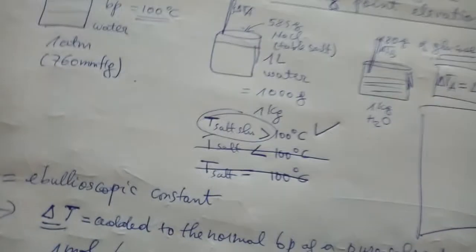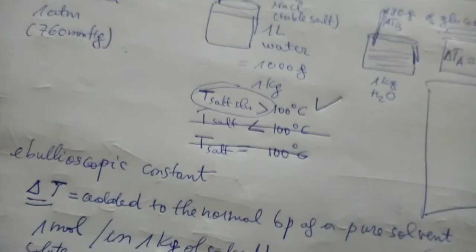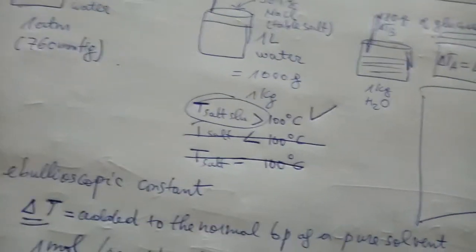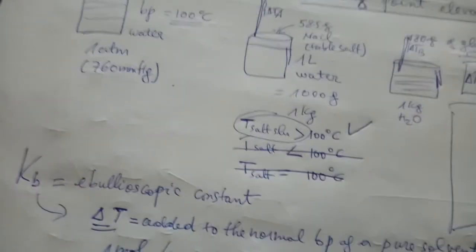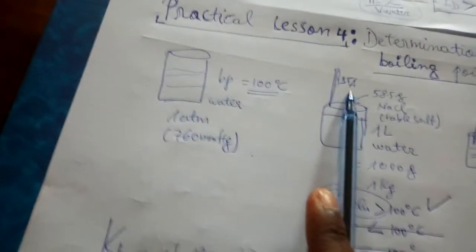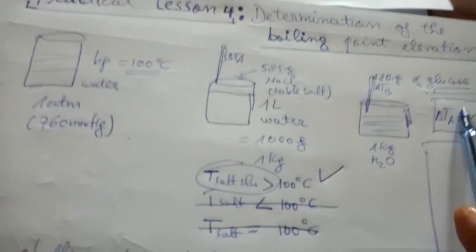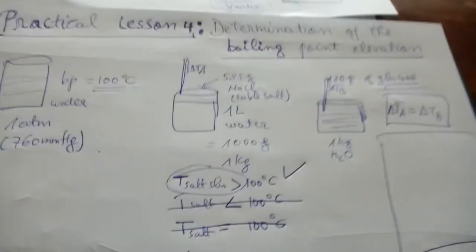If the amount of solvent is the same in kilograms, and the amounts are different in mass but the same in number of moles, the boiling point elevation will be the same. This delta T for table salt and delta T for glucose is what we call delta T elevation.